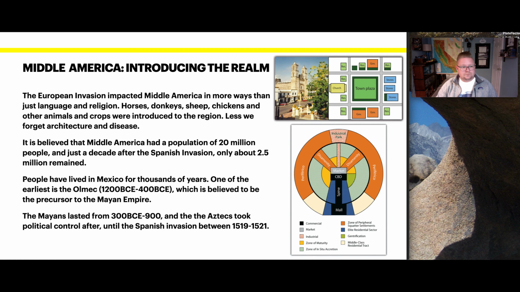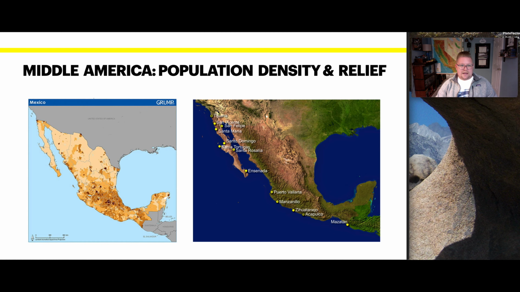Now, looking more at present day information, looking at our population density as well as the topographic relief, we can see whether there are correlations between where population stands and the topography. We will talk a bit about this in a moment. This mountain range runs here all the way down into South America. It's the longest mountain range in the world.